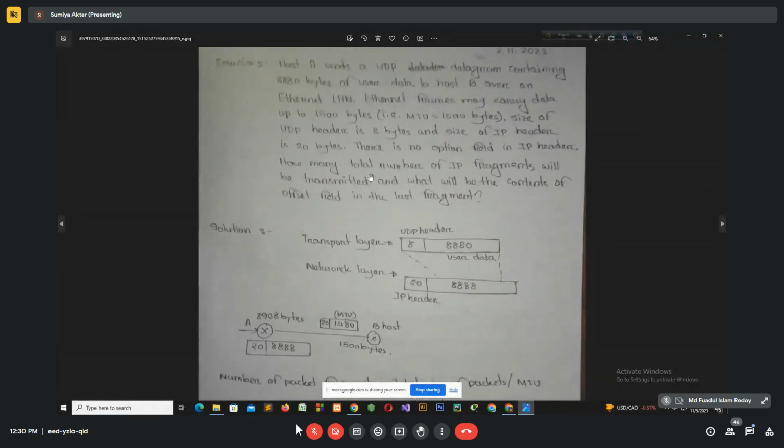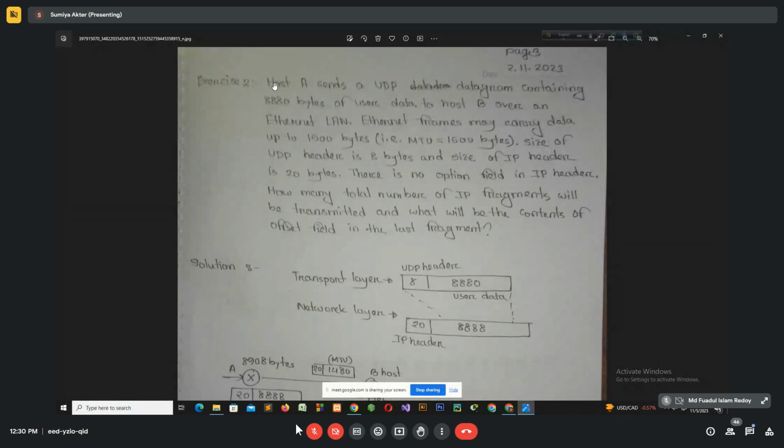Okay, this is our second question. The second question says that host A sends a UDP datagram containing 8,880 bytes of user data to host B over an Ethernet LAN. So here host A is sending a UDP datagram containing this amount of data to host B. Ethernet frames may carry data up to 1500 bytes, and this is our MTU, the maximum transmission unit.